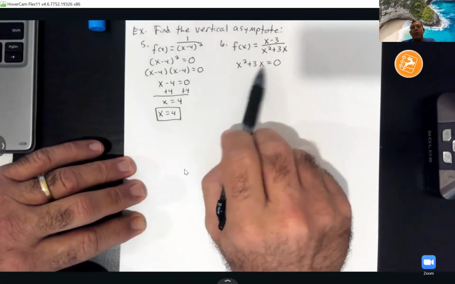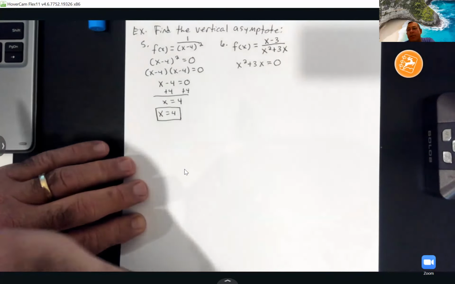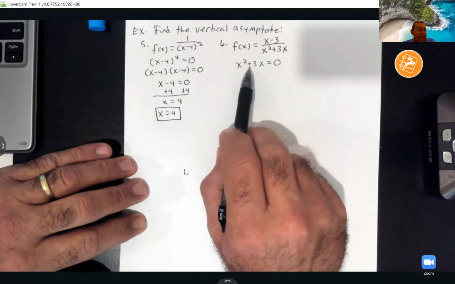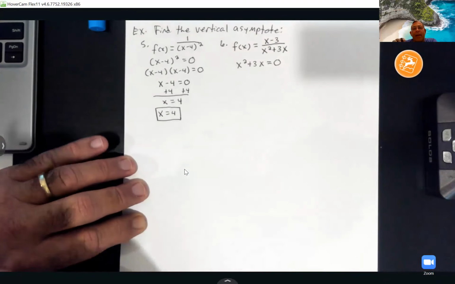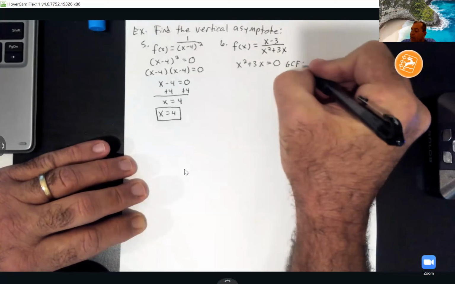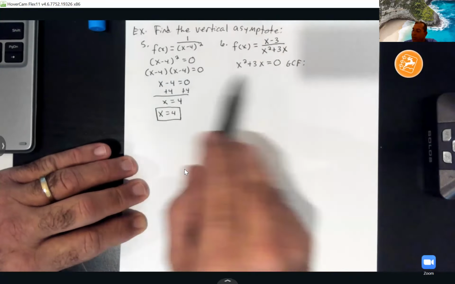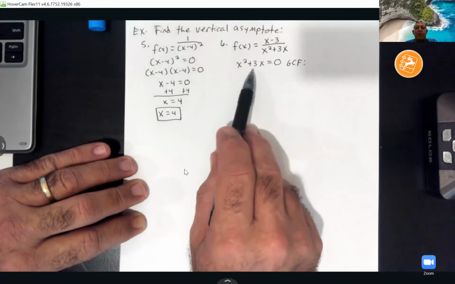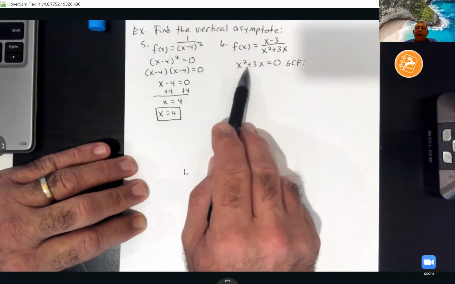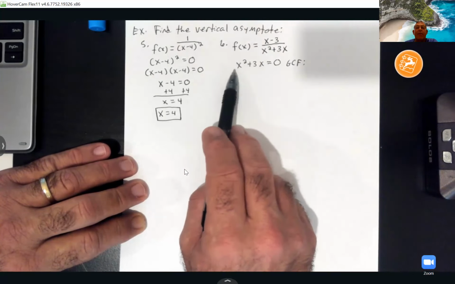So this one is 2 terms being added. Y'all, let me tell you something about this one. Anytime you got 2 terms being added, the only thing you can do to that is pull out a greatest common factor. Okay, it's not going to factor into parentheses like a trinomial. It's not perfect squares because it's not being subtracted. So the only thing you can do to this is factor out a greatest common factor.